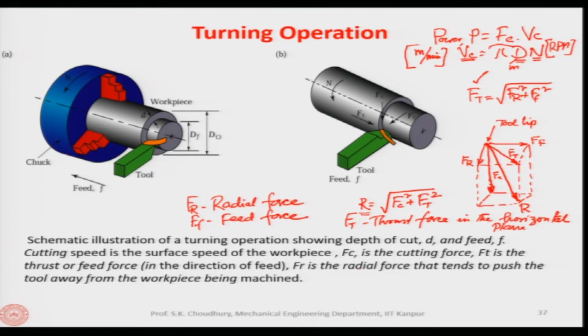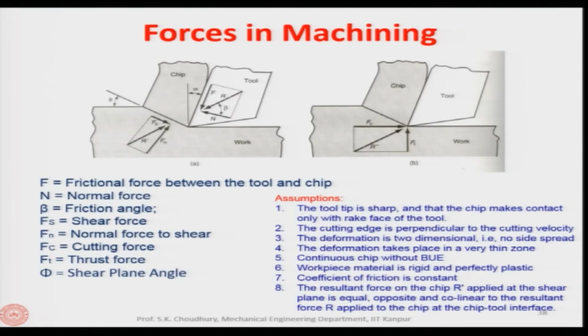Let us see how these forces can be correlated together. Here we have the diagram where we have the workpiece, and the chip flowing along the rake face of the tool, and the tool is taken with a rake angle of alpha.